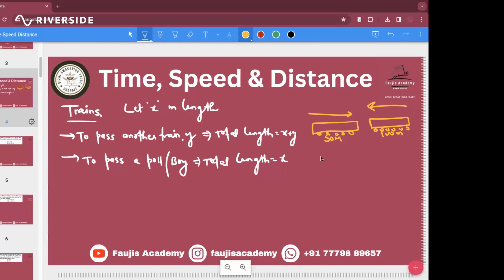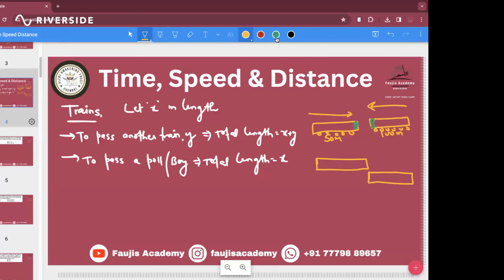So how much total distance will these two trains have to cover in order to pass each other? This is the front of the trains. At this point, they are not crossing each other. Now, when they essentially cross each other, what will happen? Their rears.